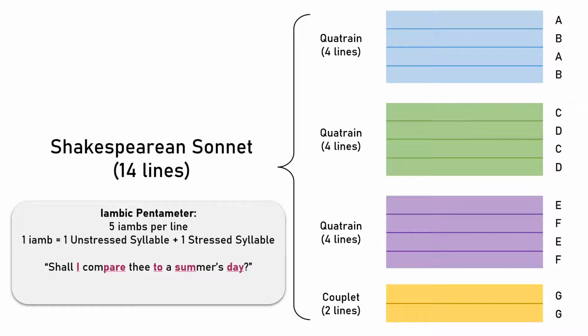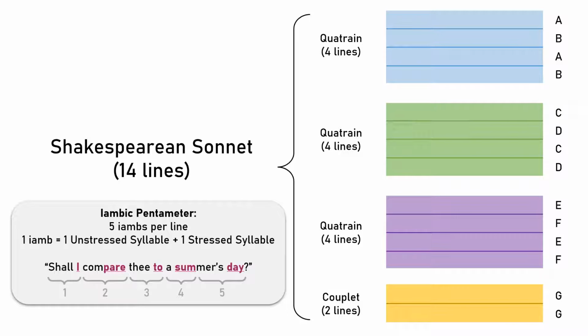The bold, underlined portions of this line are the stressed syllables, and I've broken the sentence into its 5 iambs. If you were to read this line stressing the appropriate syllables, it would sound like this: "Shall I compare thee to a summer's day?"